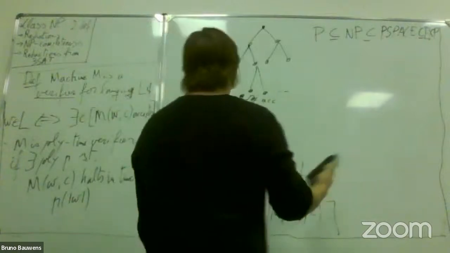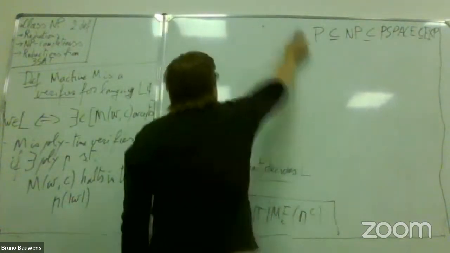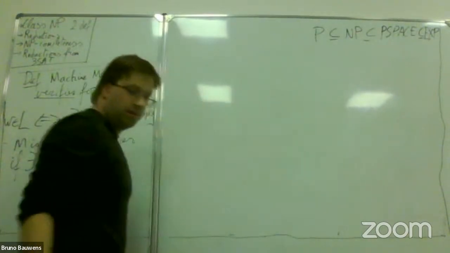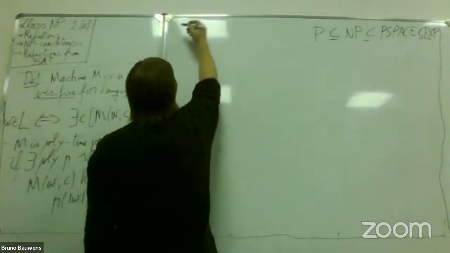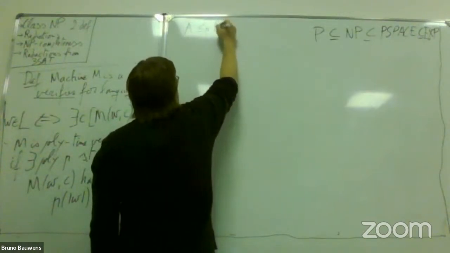Okay, and so let us write the definition. A reduction is a transformation of one problem to another problem. So we say that A polynomial-time reduces to B.